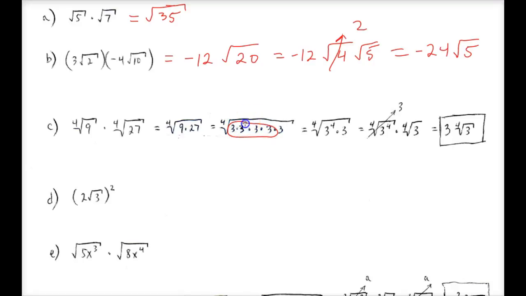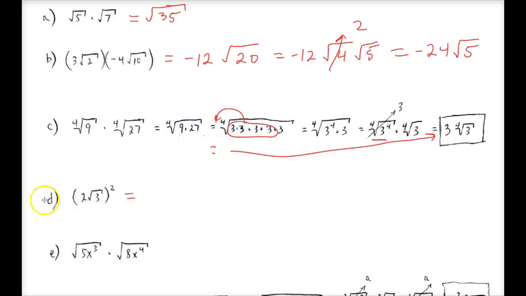So for every 4 that we see here, we could pull one out. The way that I addressed that and how I wrote it here is to say, let's rewrite all this as the fourth root of 3 to the 4th times 3, and then separate it. And so here's where for every 4 of these we see, we pull one out, and we just have left fourth root of 3. And so that's essentially what I'm doing here, okay? And that 4 doesn't look so hot there, but essentially it just looks like that.